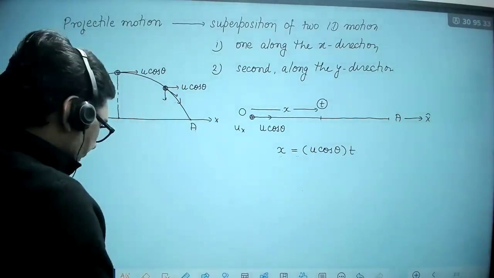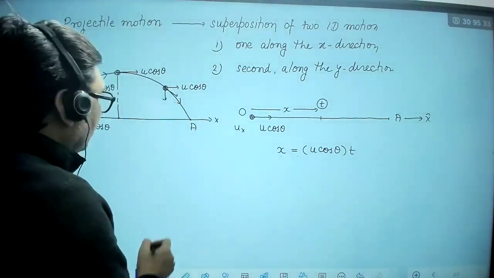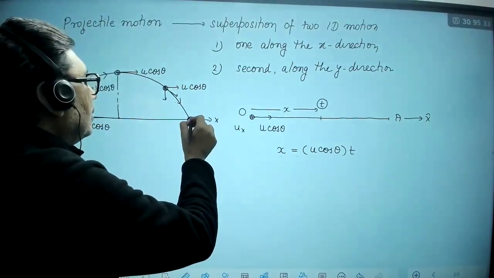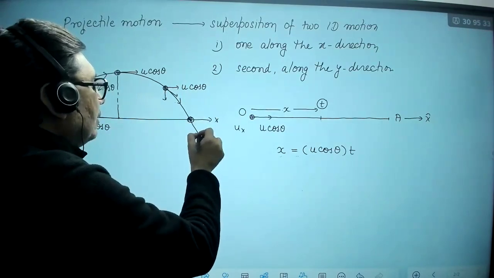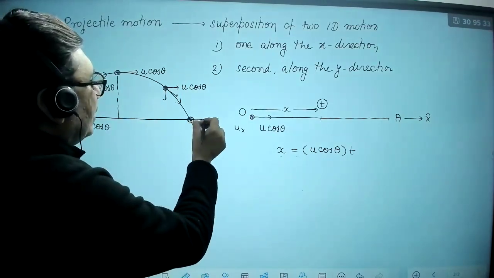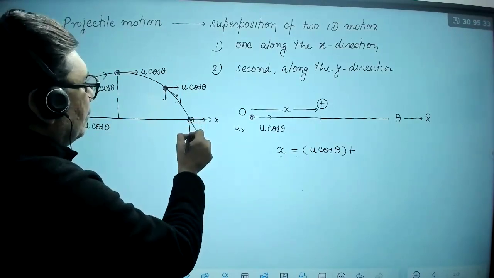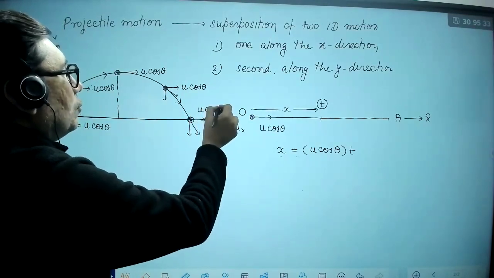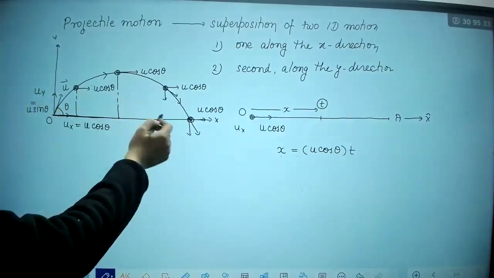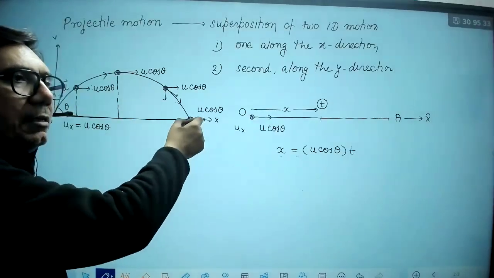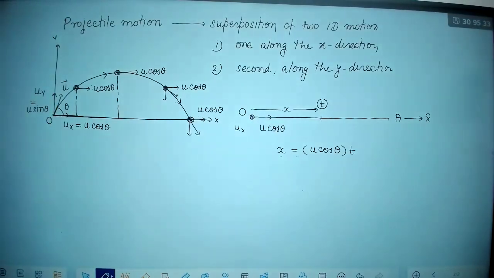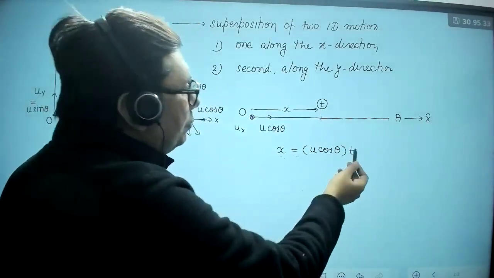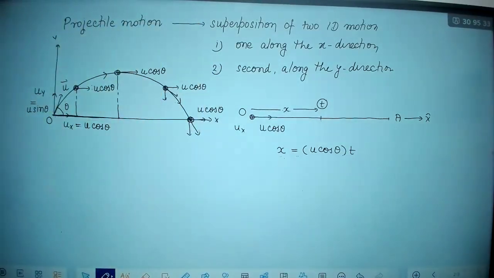Even at point A, the particle velocity will have a component in this direction, and that will be u cos theta. So throughout the motion, from the starting point to the hitting point, the horizontal component will be u cos theta. So x will be equal to u cos theta into t. This is 1D motion.